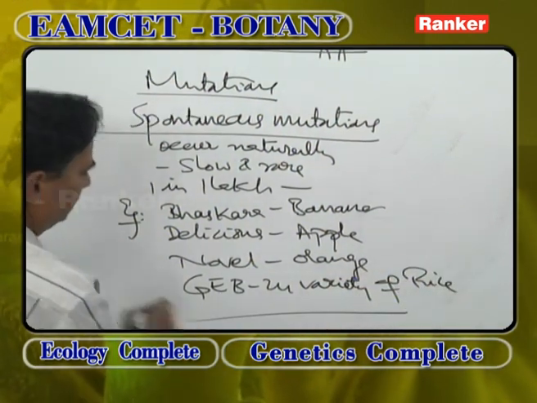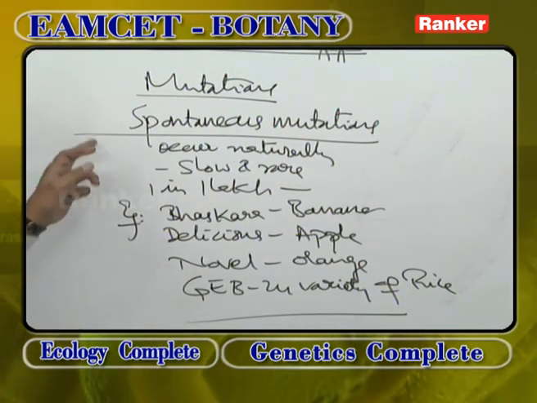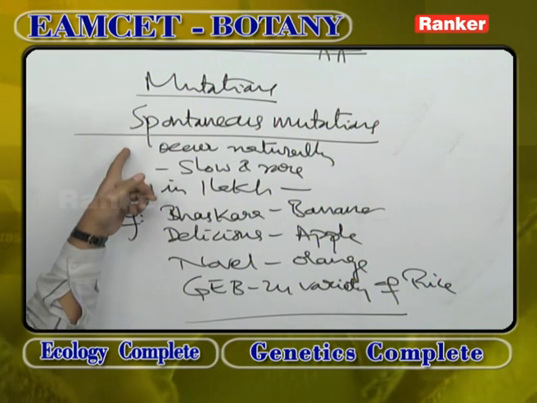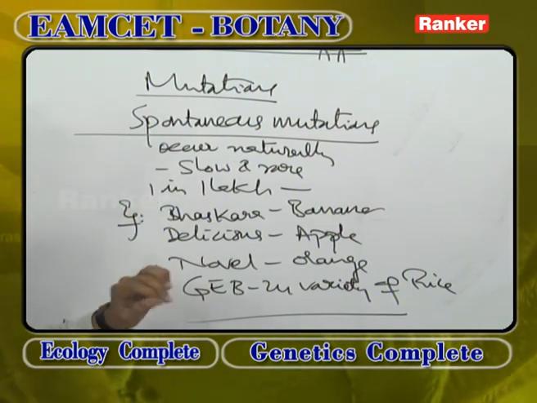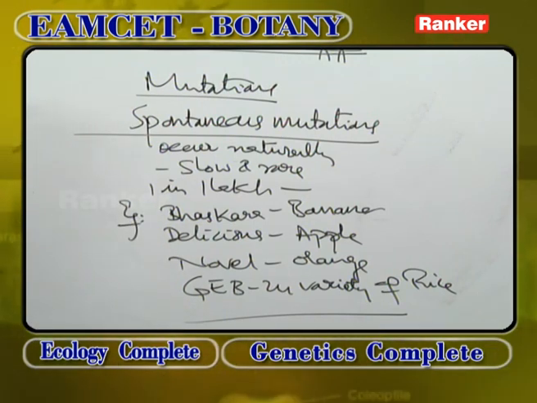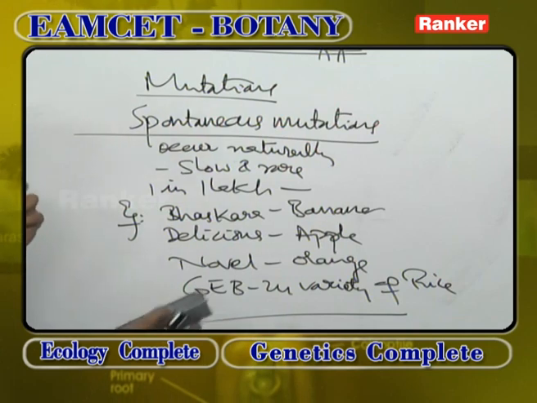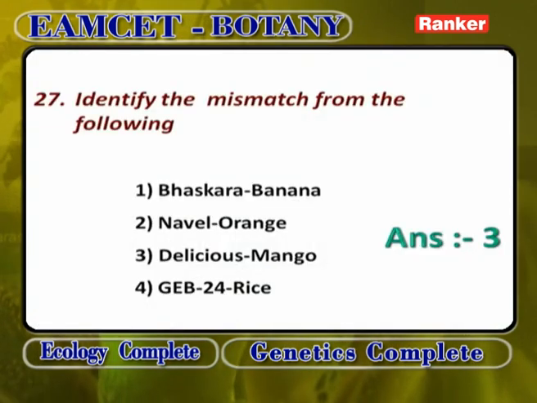So spontaneous mutations are mutations which occur very slowly and naturally. The occurrence is very rare and very slow. The best examples are Bhaskara variety of banana, delicious variety of apple, novel variety of orange, and GEB24 variety of rice.